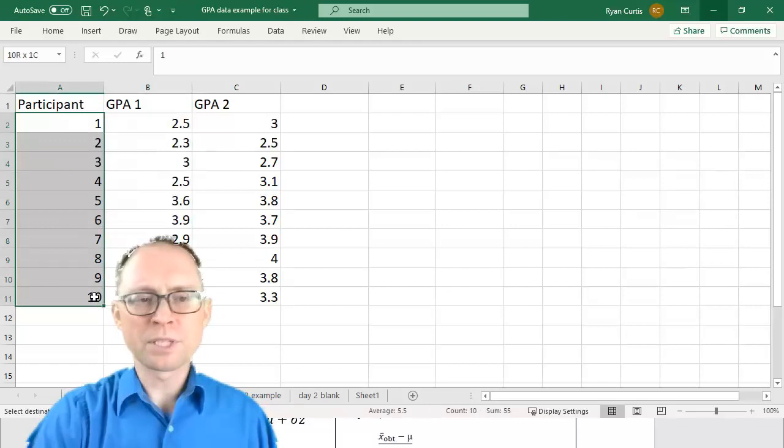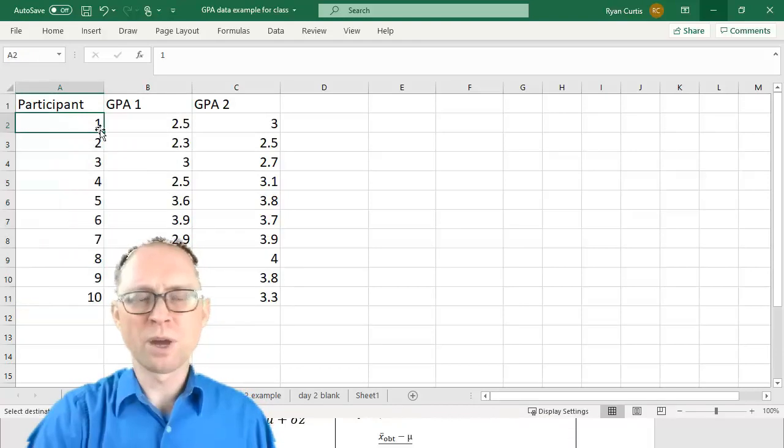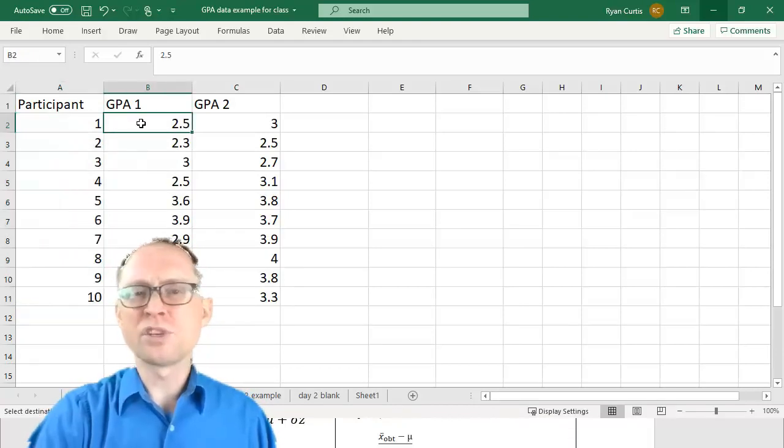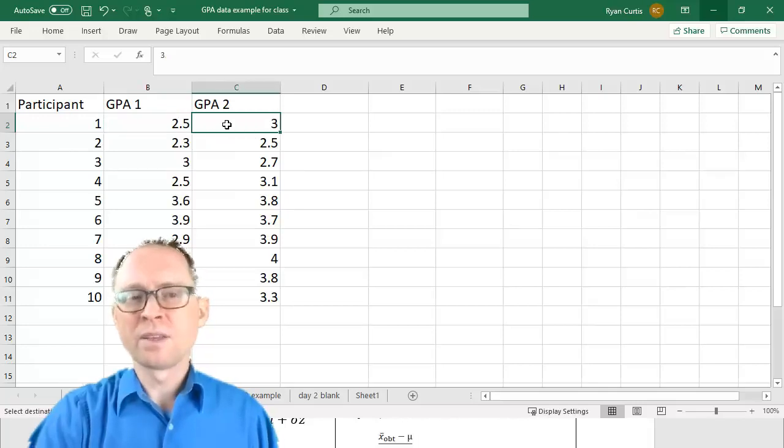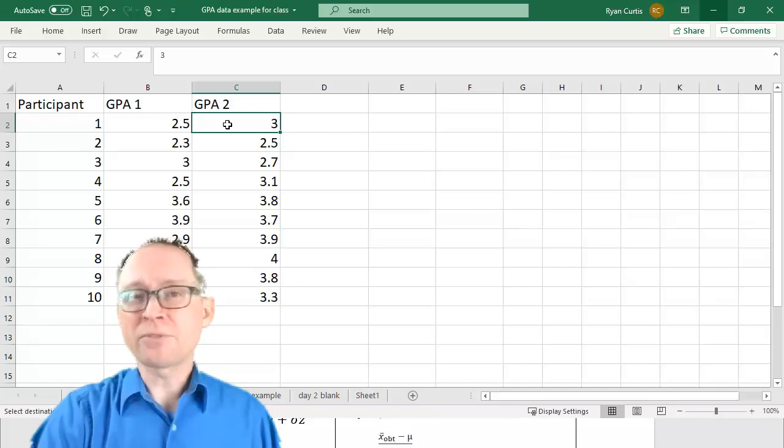These are all the same participants. Notice that this is participant 1, and this is participant 1's GPA before they started studying with Mozart. Then, let's say a year later, I measure their GPA again. This is their GPA after they've been listening to Mozart while they study. Notice how it's the same person.